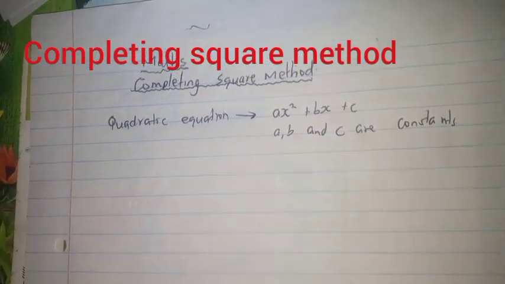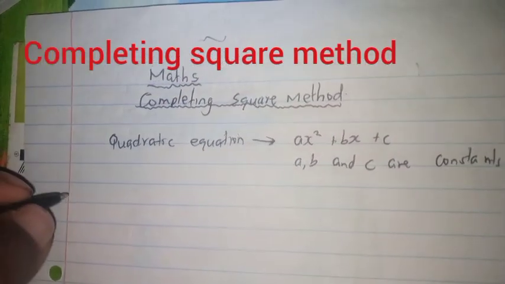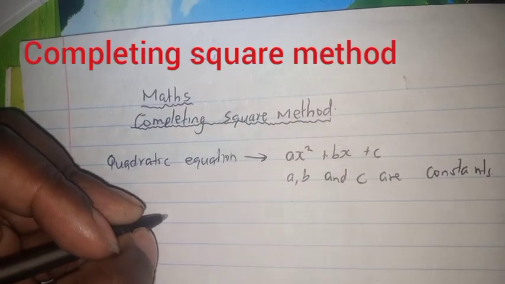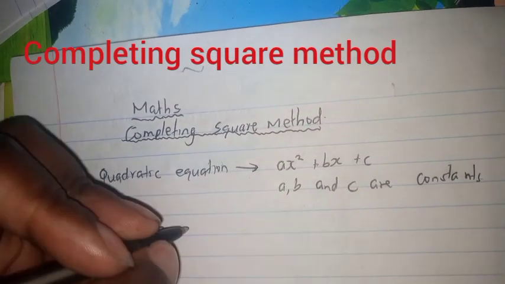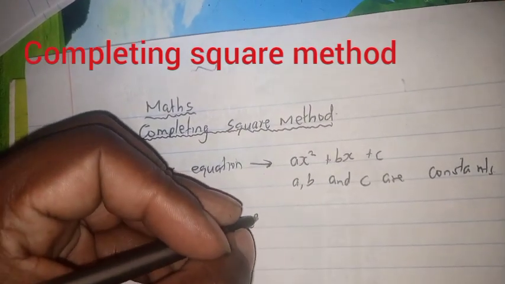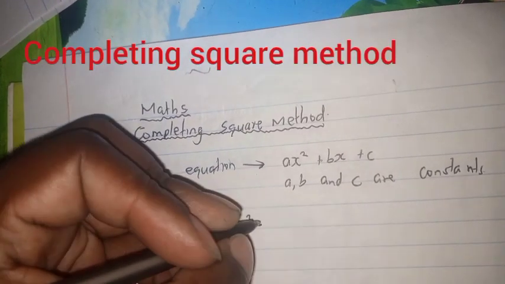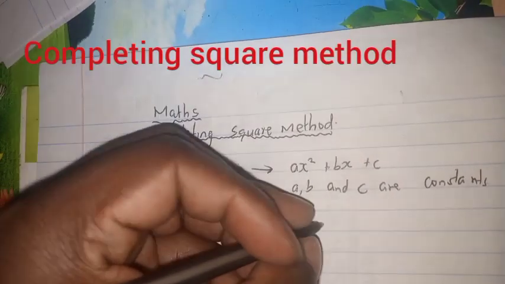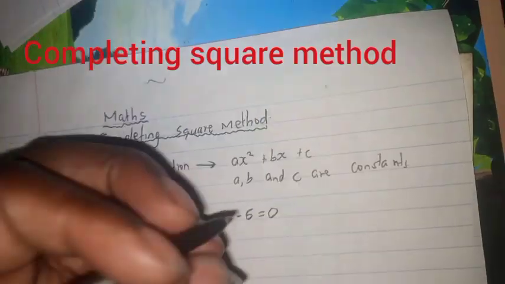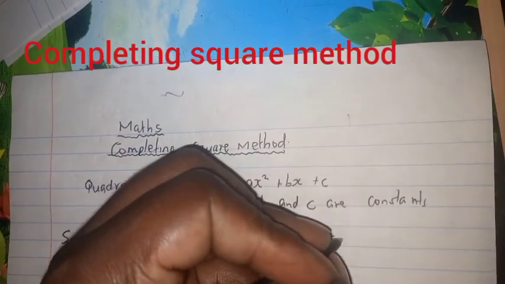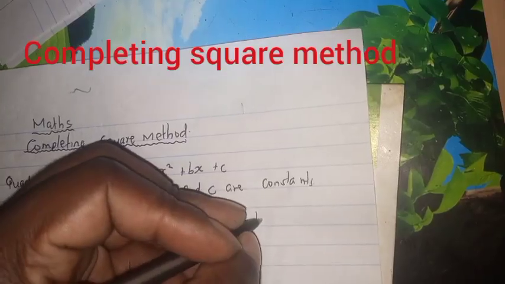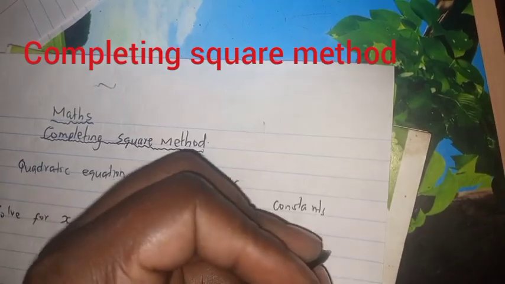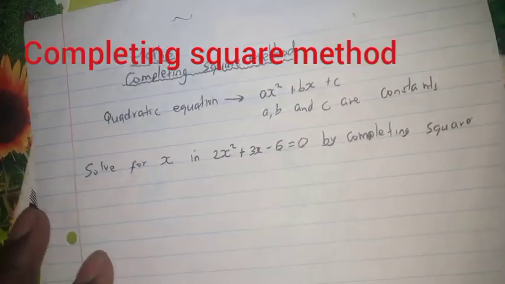Now, having this, we can have a question. Let's say solve for x in 2x squared plus 3x minus 6 is equal to 0, and then maybe you are told to solve by completing the square.